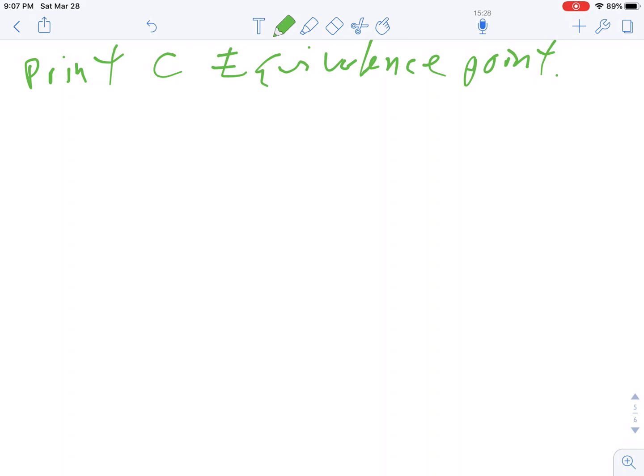And for those of you who are mathematically oriented, the equivalence point is the inflection point on your curve where your slope changes from negative to positive.